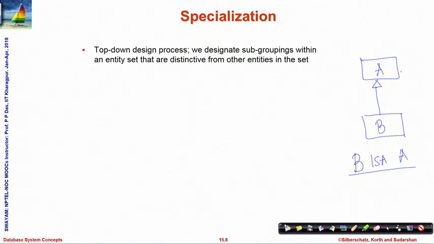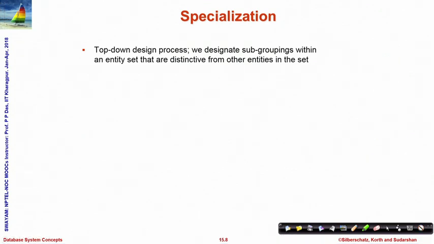So, in terms of the ER model, what we do is we look at the entity set A and move top down, so that whenever we find a group of entities which have certain commonality, we move them into a lower, separate specialized entity set and relate these two entity sets through the specialization relation.